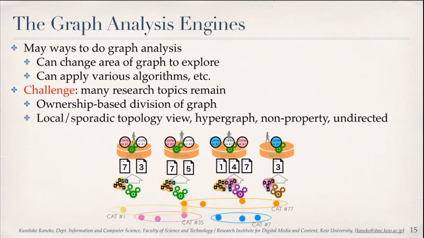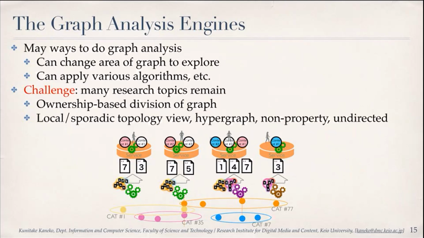That is true if we analyze the entire graph. However, if we only focus on a limited area, the difference of the area, the difference of the algorithm, or the difference of the key vertices, changing that information, then the graph analysis returns different results.